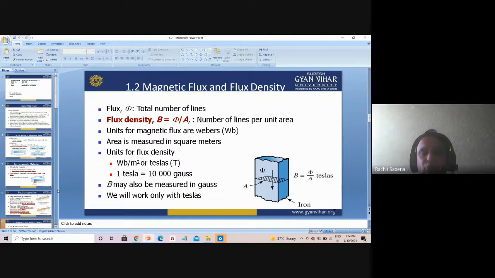Understand? For these two, we need a circuit, an assembly, a system that converts electrical to mechanical and mechanical to electrical. For this conversion, we need a coupling circuit, that is your magnetic field.